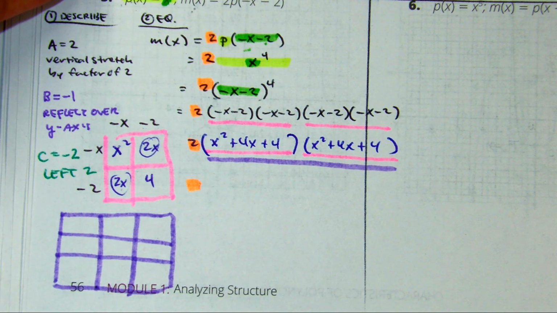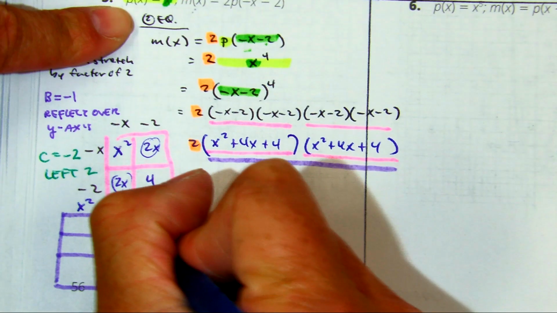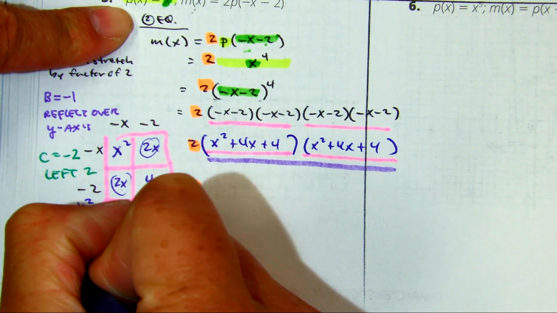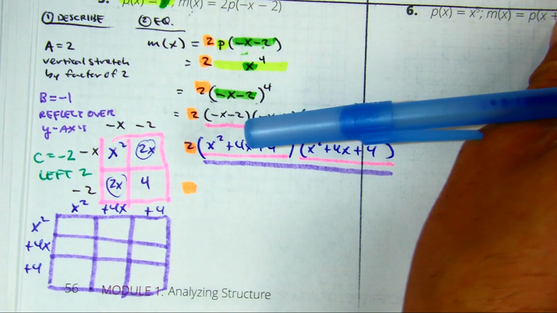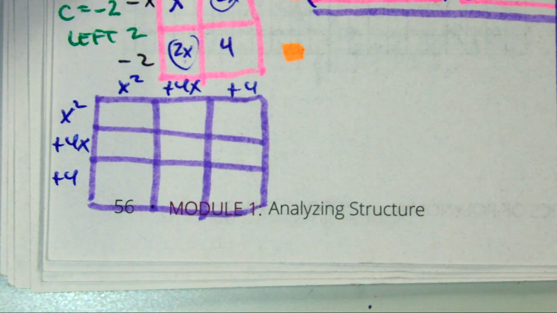So now I have x squared plus 4x plus 4, and then x squared plus 4x plus 4. Give me a second, I'll zoom in. And we're going to do the same thing. We're going to multiply and then we'll add when we're done.